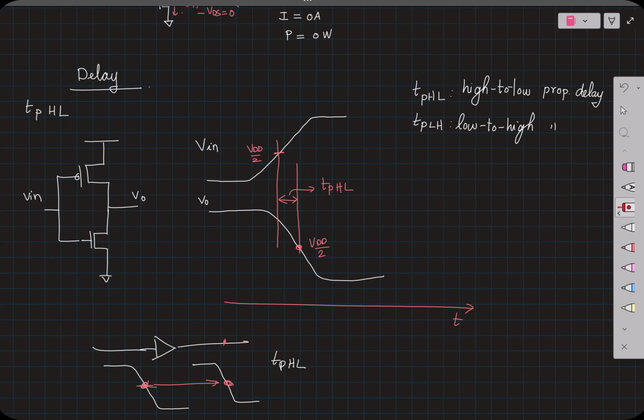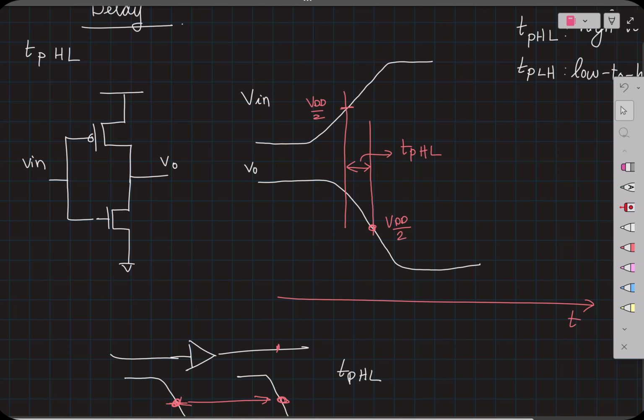Right? Now, quickly tell me, why can't this value be 0? Why can't I have the output exactly falling like this? Because now we understand that these transistors have capacitances associated with them.